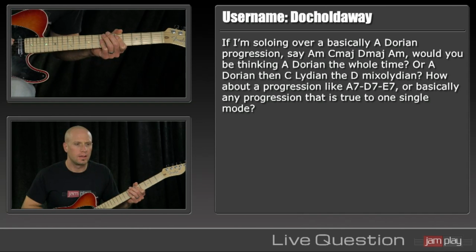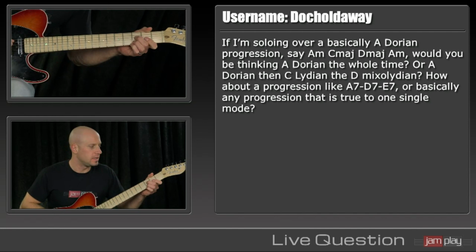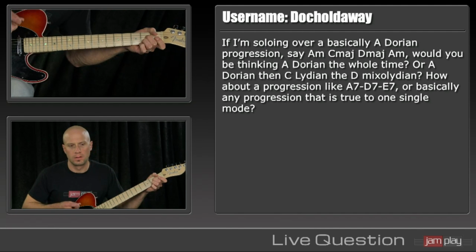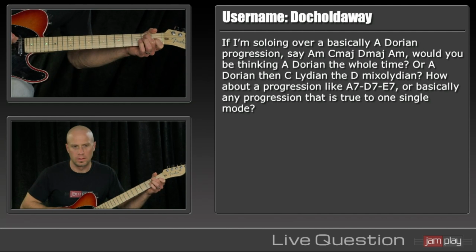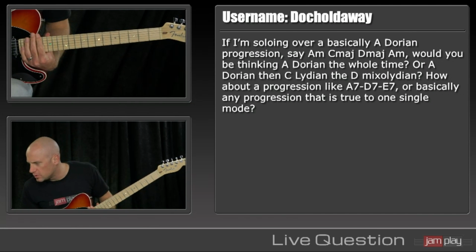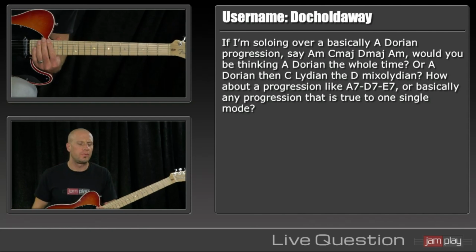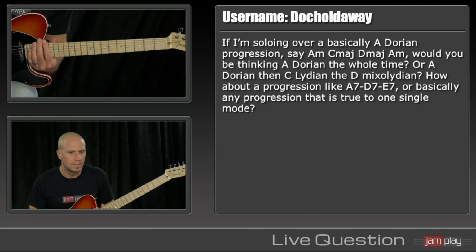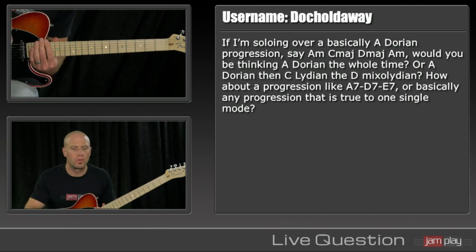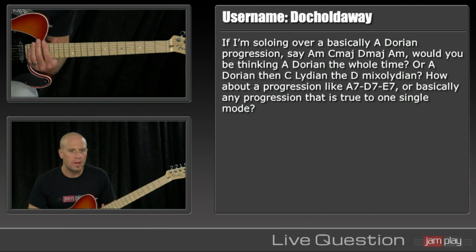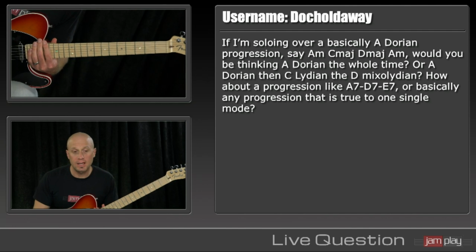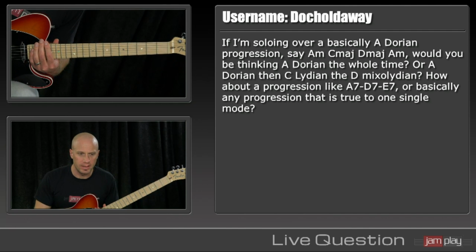How about a progression like A7, D7, E7? We're going to get more into blues within the last few lessons in this course. But blues progressions like A7, D7, E7, where you have a dominant chord in each one, you can actually play Dorian and Mixolydian over that progression.